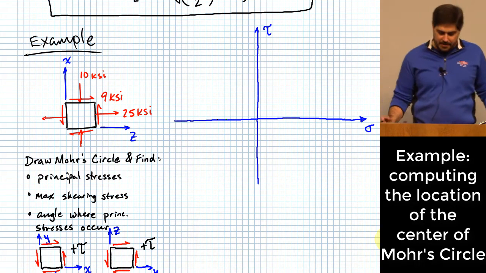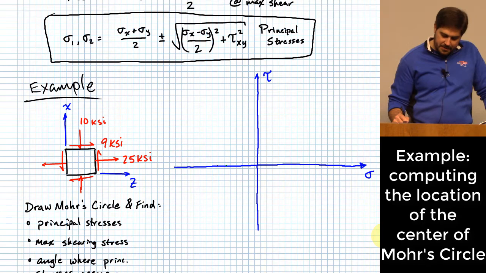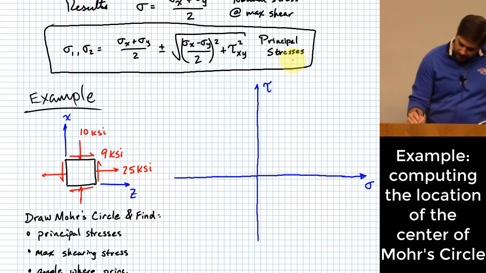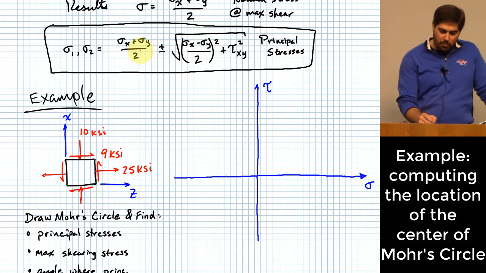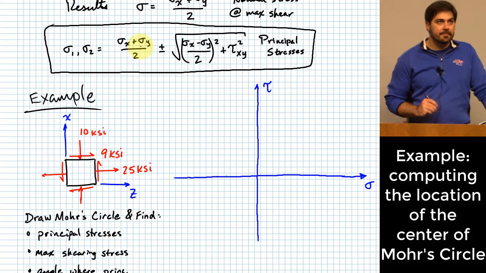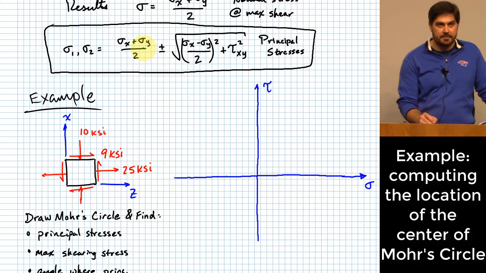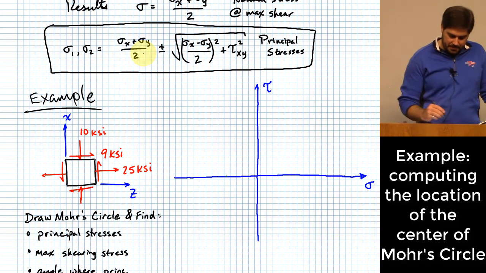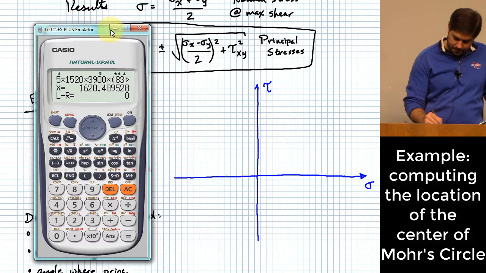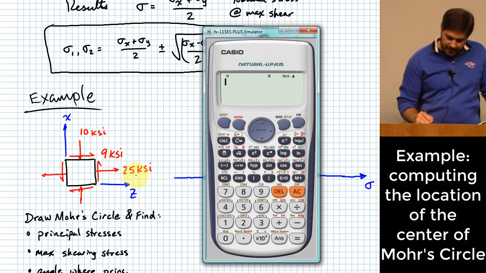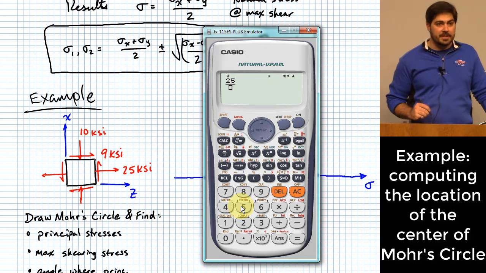Okay, let me show you this. We'll take apart what this formula right here is really saying. First of all, I can figure out where the center of Mohr's circle is going to be by calculating basically the average of my normal stresses. So let's just do that real quick. What's the average of my normal stresses? Make sure that you account for your signs correctly, right? So 25 is positive because it's a tensile stress.